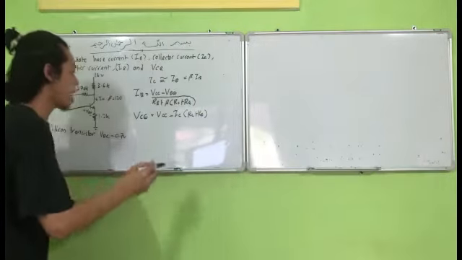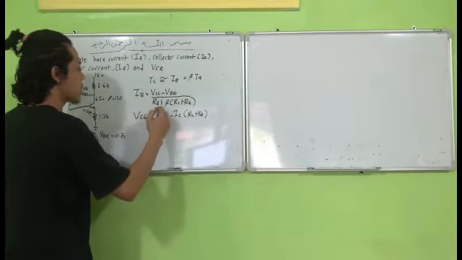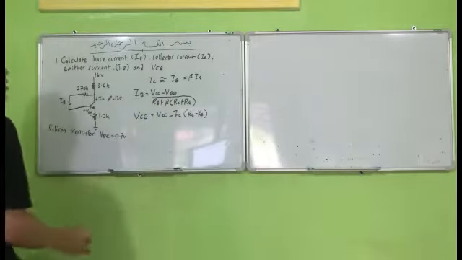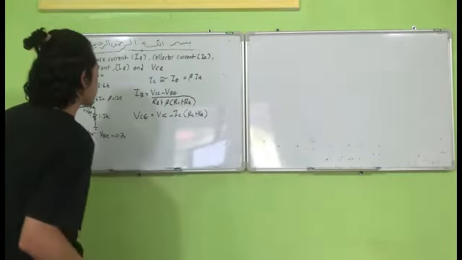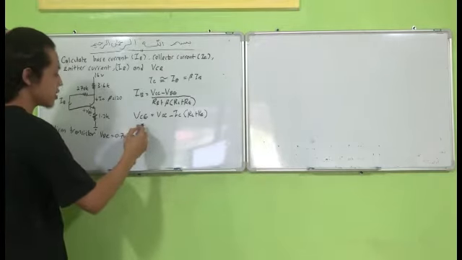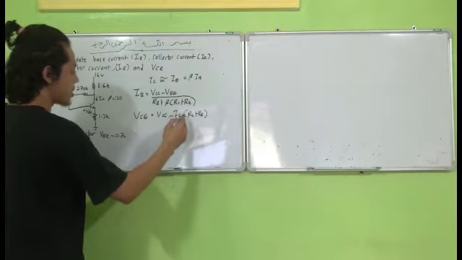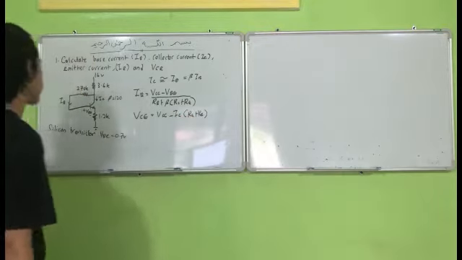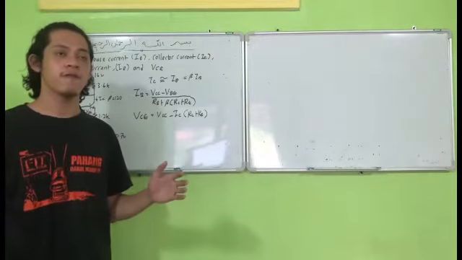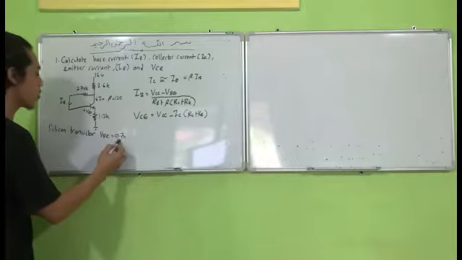The formula for IB is VCC minus VBE over RB plus beta times RC plus RE, multiplied by beta. The formula for IC is VCC minus IC multiplied by RC plus RE. As we know, the value of VBE for a silicon transistor is 0.7 volt.